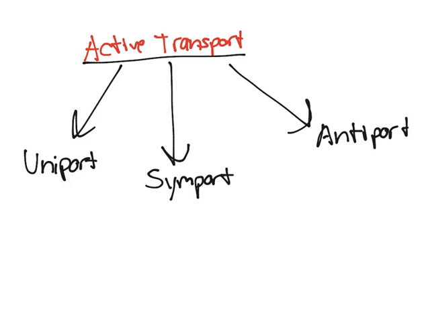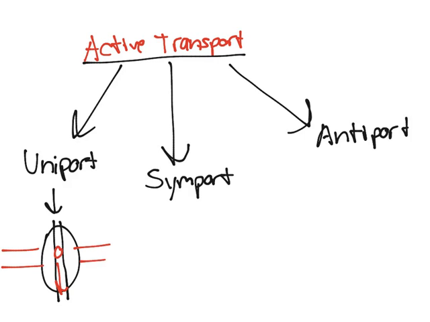And so what uniport is, imagine a protein with a channel that only allows one molecule to pass. So essentially it just allows one molecule to pass one way. Pretend that's a cell membrane, into or out of the cell. Now for symport, imagine the protein, the channel's bigger, or there are 2 channels.